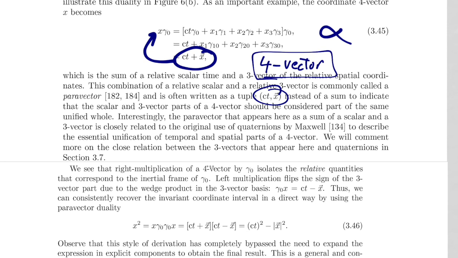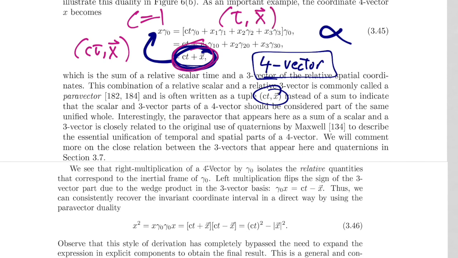And so what they're saying is we're going to take this multivector, this paravector that we've now defined, and occasionally we're going to be happy to write it as (ct, x). Notice, by the way, that we're kind of slipping in and out of this notation. I sometimes can't help but drop the c and set c equal to 1. So I might easily write this very thing as (t, x).